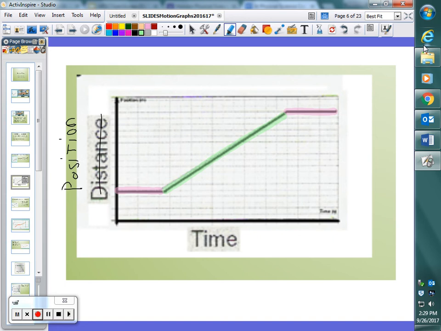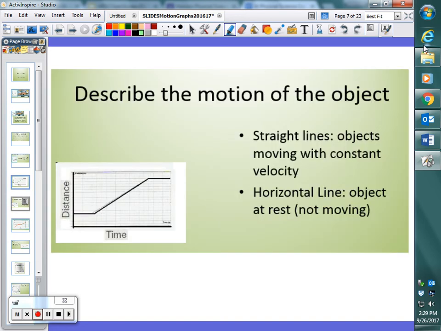As far as this graph goes, any straight line on a graph is going to represent a constant velocity. We actually had 3 straight line segments, and 2 of them just happen to also be horizontal.